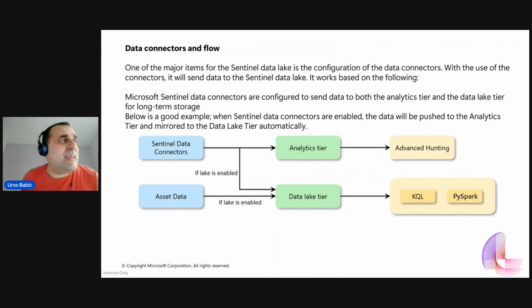Some custom query language can be used to query data for scheduling and promoting results to the analytics tier. But once in the analytics tier, the advanced KQL features are available. It is very important, but you can use, for example, the ingest data lake tier only, where data will be ingested only to the data lake tier.